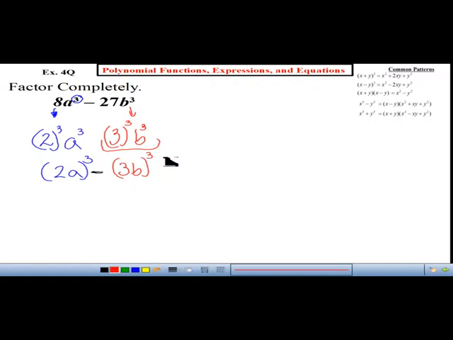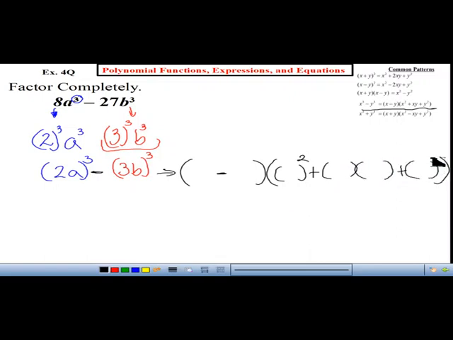And once again, what pattern are we going to use? We're going to use the top pattern, this one. So I'm going to use a small parentheses with a subtraction and a big parentheses with x squared plus x times y plus y squared.